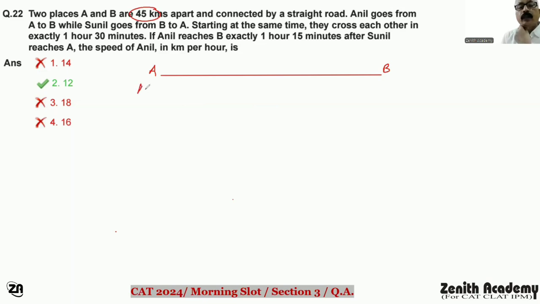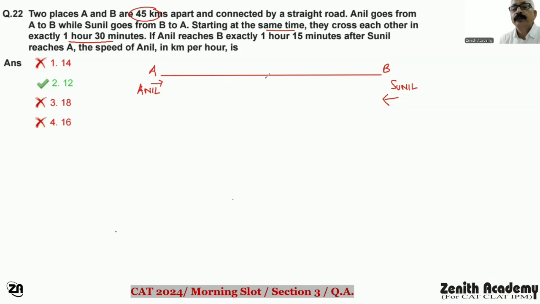Anil starts from here, going A to B, and Sunil goes from B to A. Sunil is starting from here, this way. Starting at the same time, both of them starting at the same time. They cross each other in exactly 1 hour 30 minutes. Okay. 1 hour 30 minutes means after 90 minutes they meet.